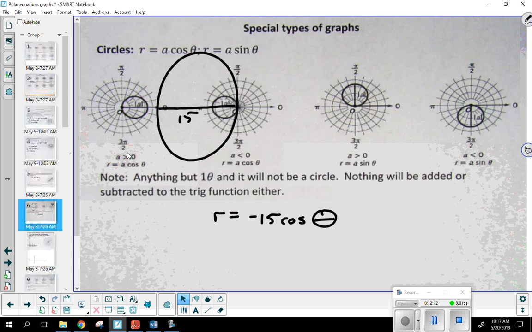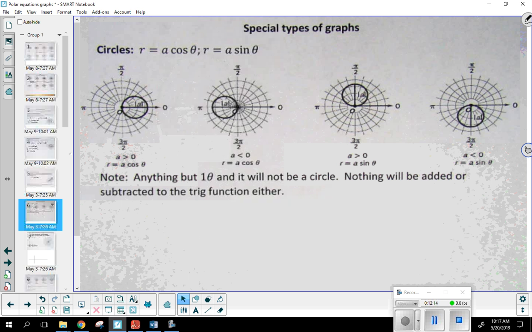Now, what if I were to give you this? This is a little off topic, but we're not going to be able to really do a lot with it, so you'll see why I'm bringing it up. 3 sine of 2 theta. Where would this circle be? Wait a minute, why is it not a circle?